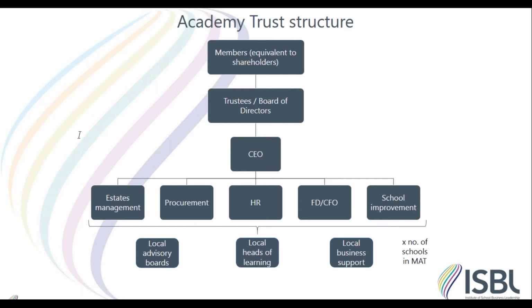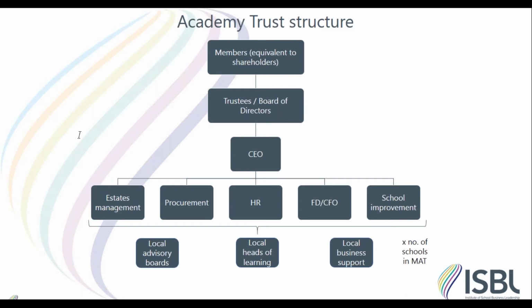You'll see that there are members, equivalent to shareholders, who have ultimate sovereignty over the whole structure. They're quite passive in terms of their activity, but we'll get into a bit more detail in terms of what members are responsible for and what they do.